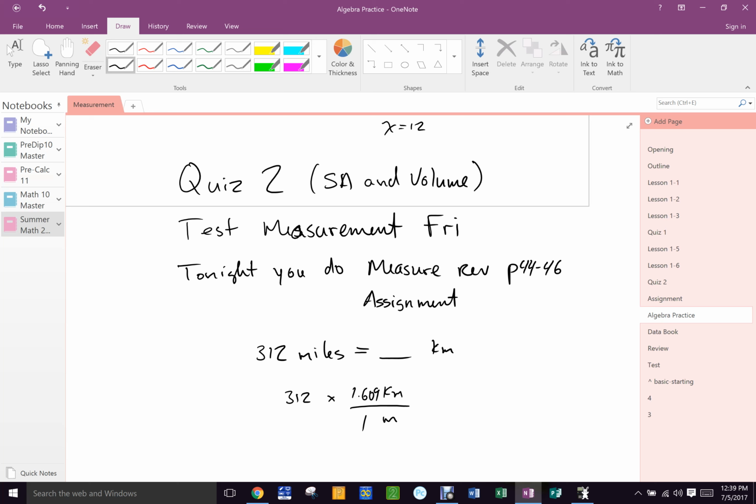But Amrit, in metric, the levels always go by 10, right? So if there's 1,000 meters in 1 kilometer, kilo, right? How many grams are in a kilogram? 1,000, right? Okay.